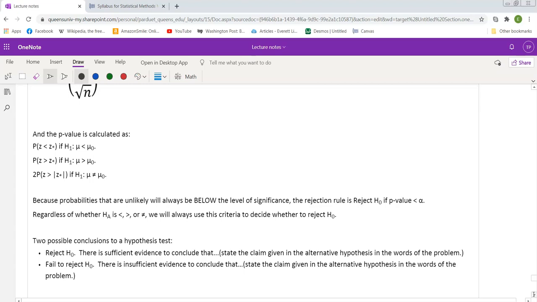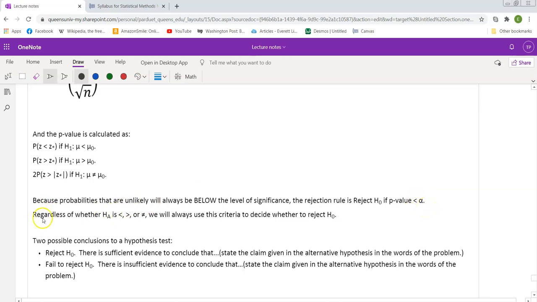But regardless, the point is, no matter which one of these alternative hypotheses you're working with, you're always rejecting H0 if the p-value is less than that defined level of significance, which we call alpha. That's a lowercase Greek letter alpha.